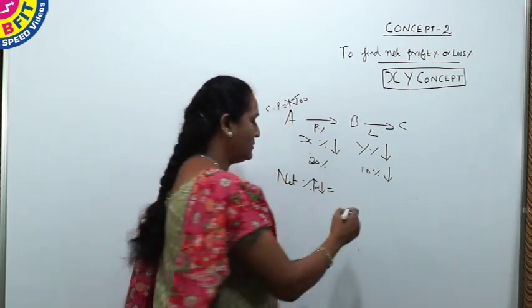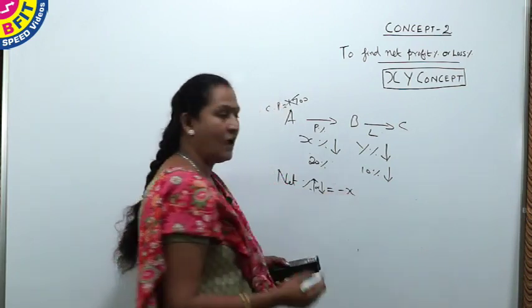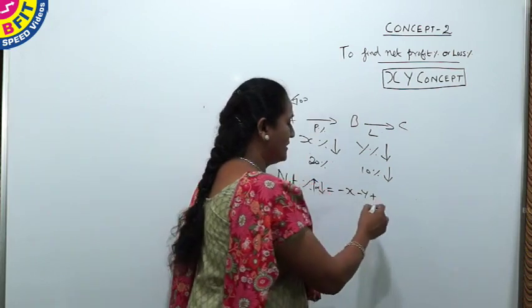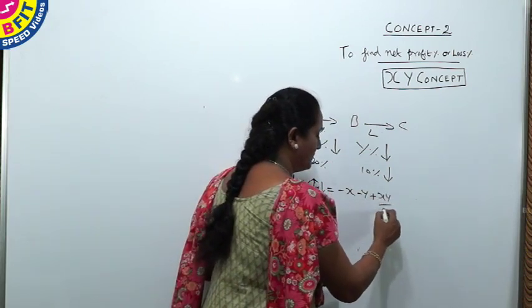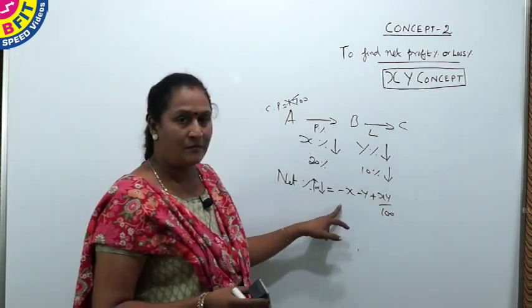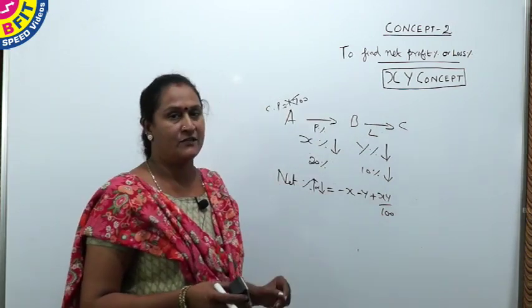It is decreased, so it is minus X, and Y is also decreased, so it is minus Y. Here minus and minus becomes plus. So the net discount will be minus X minus Y plus XY by 100.